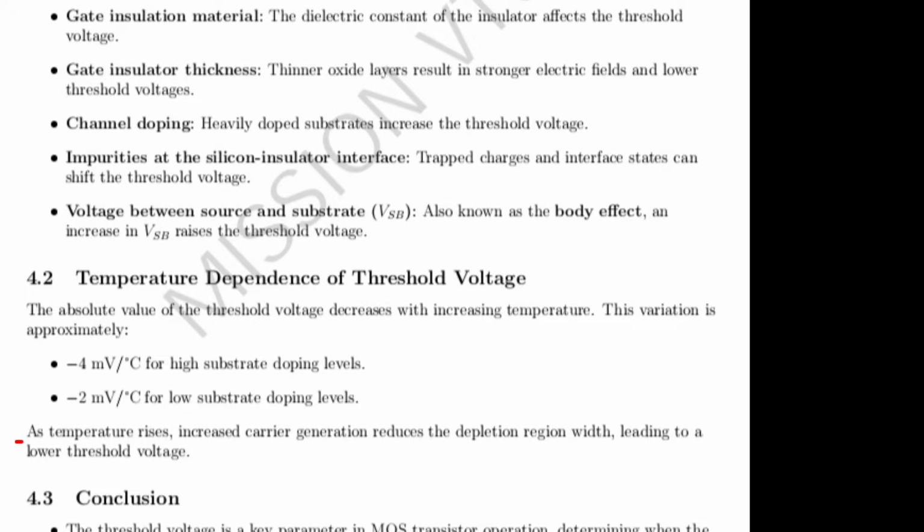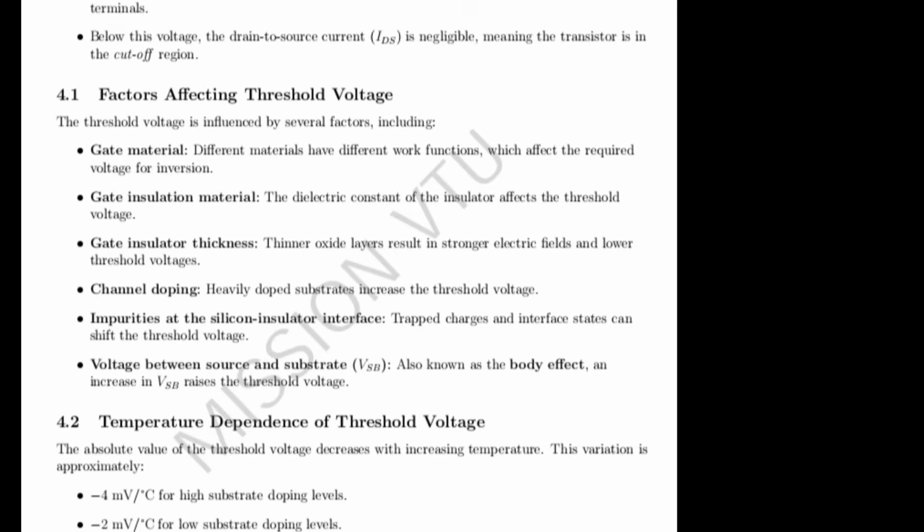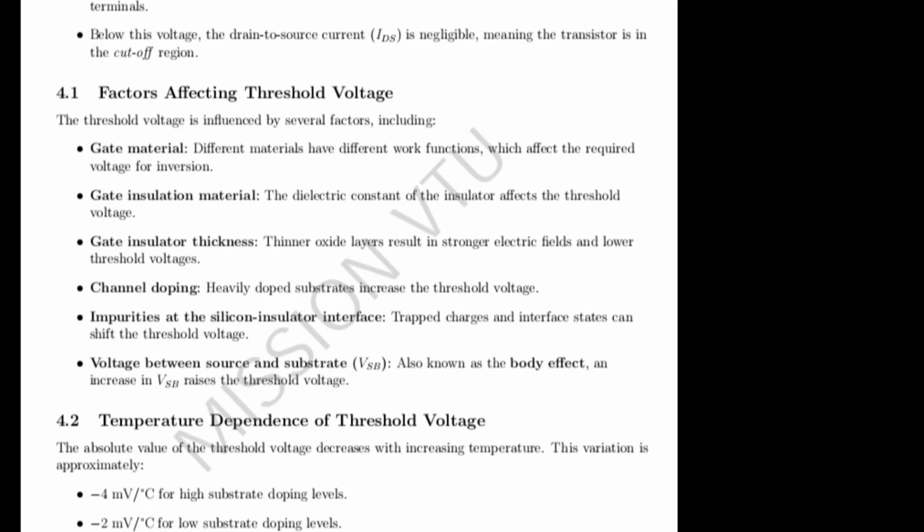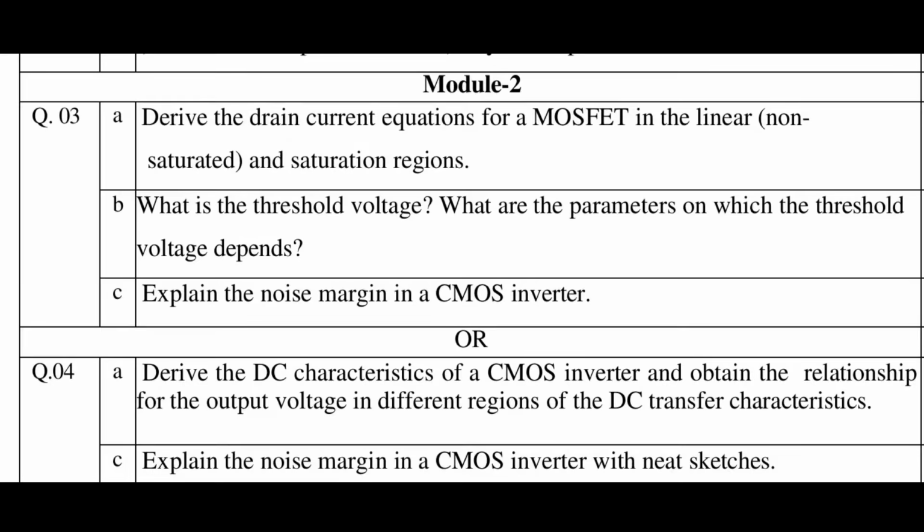As the temperature rises, increased carrier generation reduces the depletion region width, leading to lower threshold voltage. So these are all the factors which affect the threshold voltage.